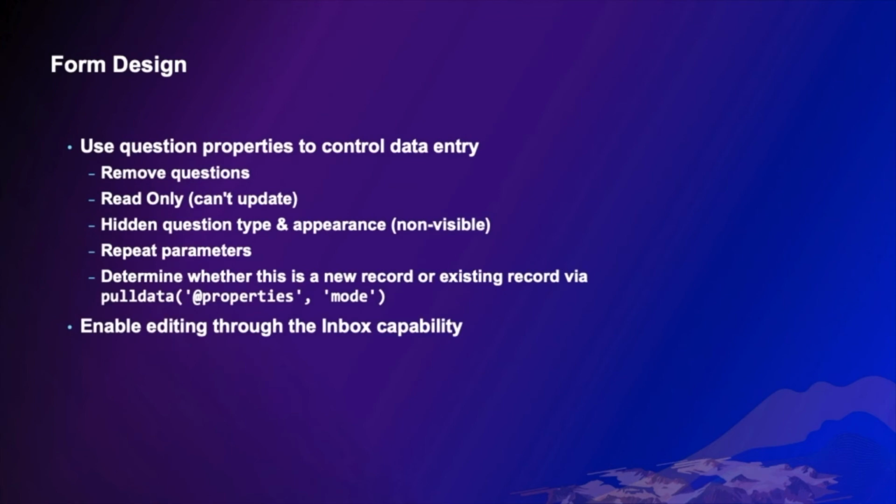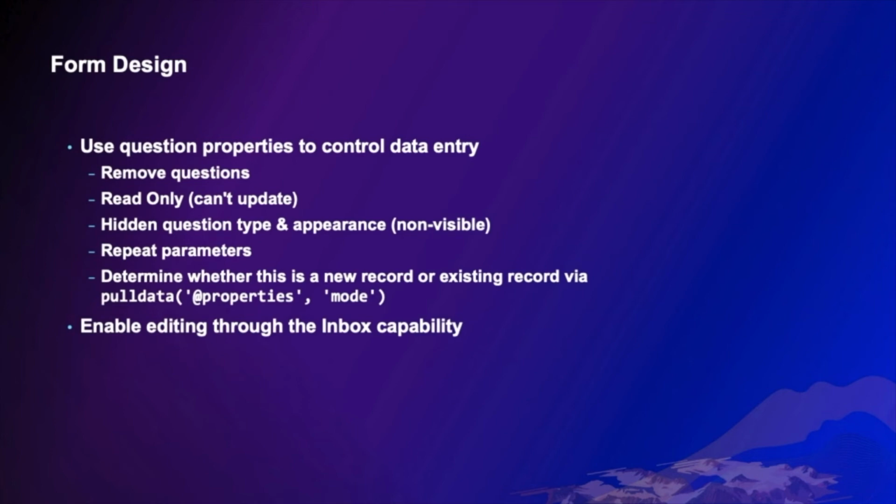After determining the overall structure of the form, we can then apply properties to individual questions or groups of questions to better fit the collection activity. This can include making a question read-only or removing it entirely if it should not be edited, changing the appearance of questions to optimize the layout, and setting parameters for repeat questions to ensure the viewing or editing of previous records.